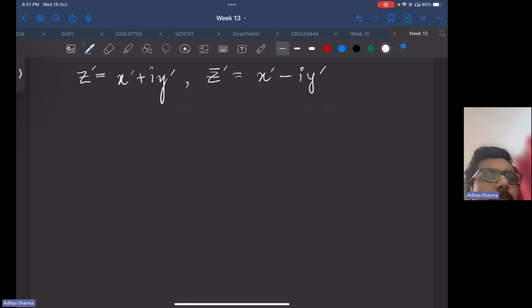This is it. The Jacobian of transformation: we want to transform from z to x, so we'll have x in the below.